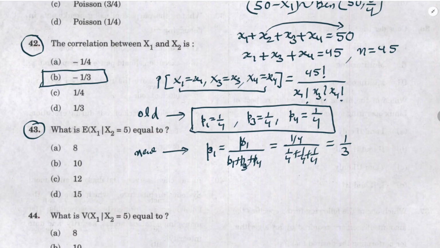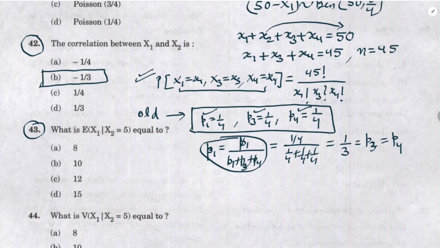Now we know that p1, p3, p4 are all equal, so if we calculate p3 and p4, they will also be equal to 1 by 3. Also, we do not need to calculate using this formula. We know that if the probabilities are the same in the original distribution, then the probabilities in this new distribution will also be equal.